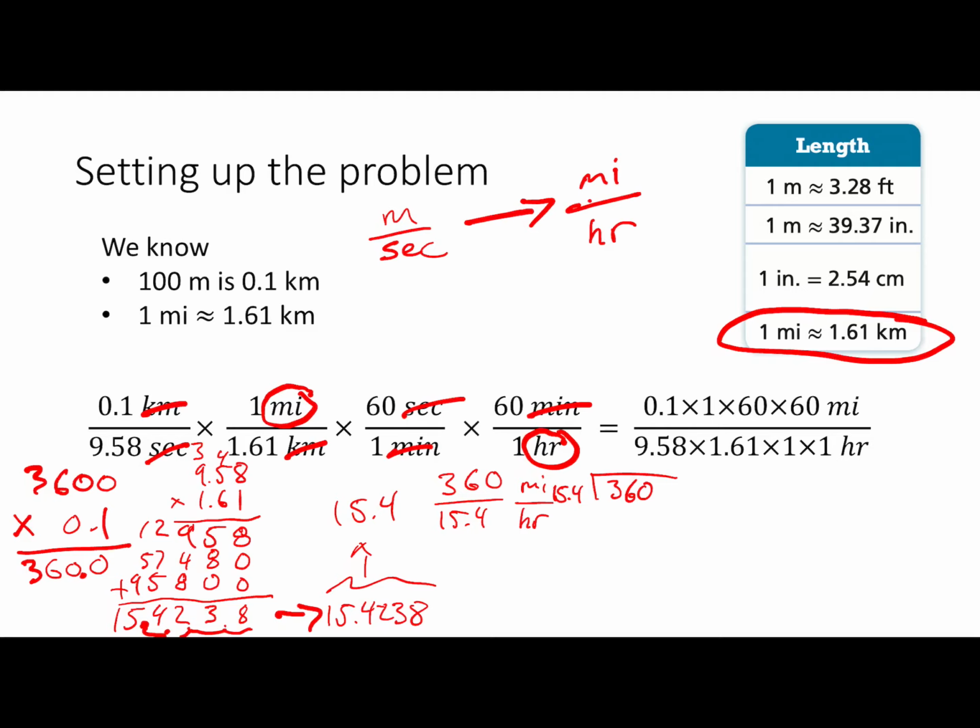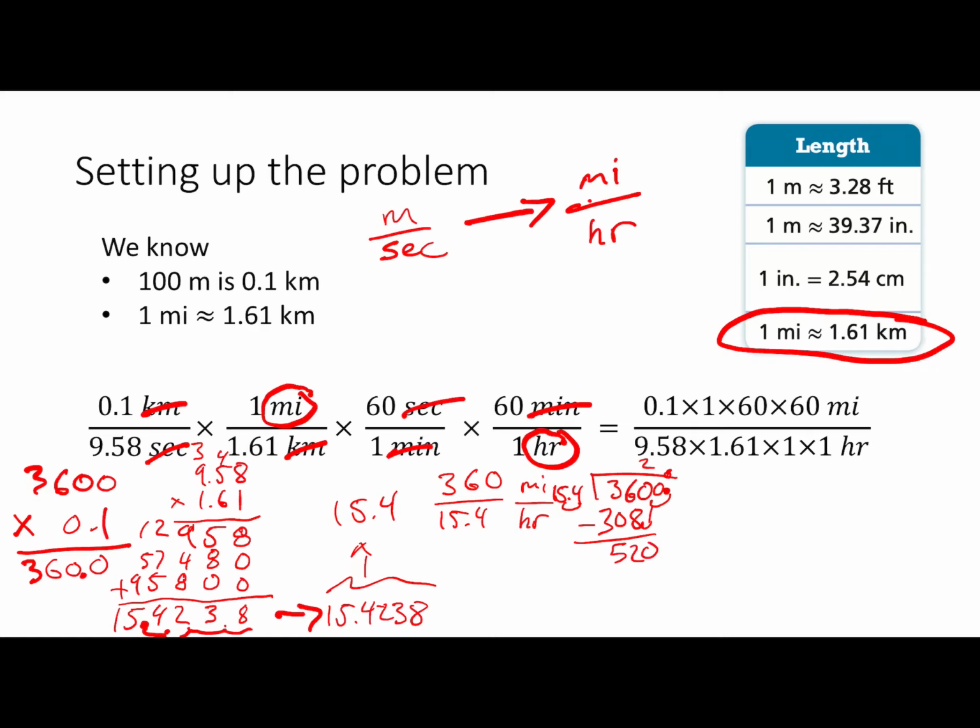Okay, we have some division that we need to do. We need to take 360 and divide that by 15.4. Well, we need to move this decimal over 1, so we need to do it to the 360 as well, add a 0 there. And so it's 3,600 divided by 154. I think it's going to go in there 2 times. 154 can go into 360 twice. And that would be 308.